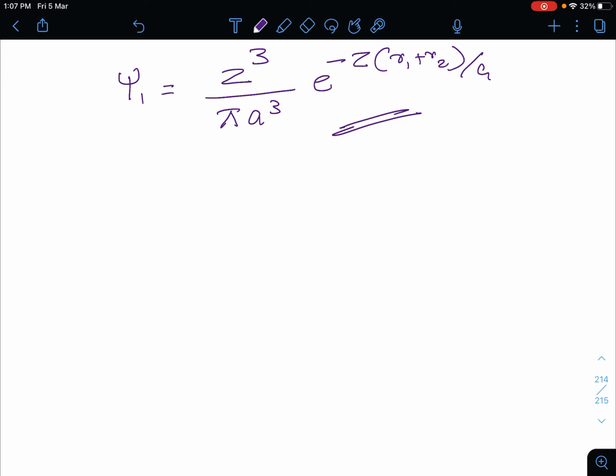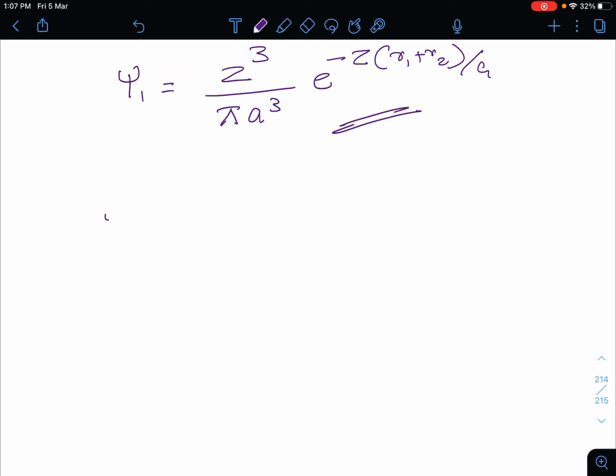Now what we are going to do is make some minor rearrangements in the Hamiltonian to introduce the z into it. So that is minus h cross square by 2 mu del 1 square minus h cross square by 2 mu del 2 square.